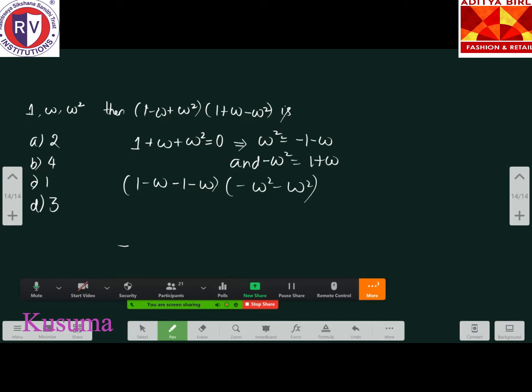Or 1 plus omega is minus omega square. Okay, this will be minus 2 omega, this will be minus 2 omega square, which is equal to 4 omega cube. So what is the value of omega cube?